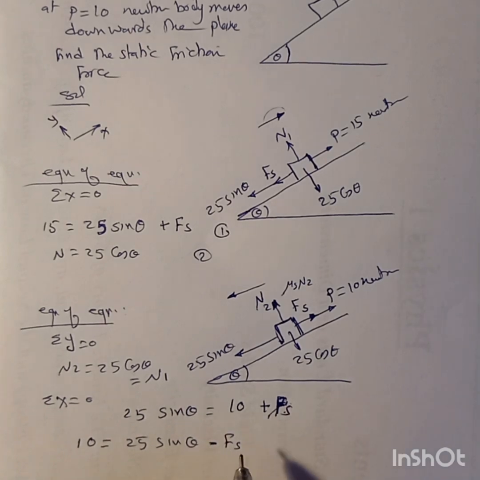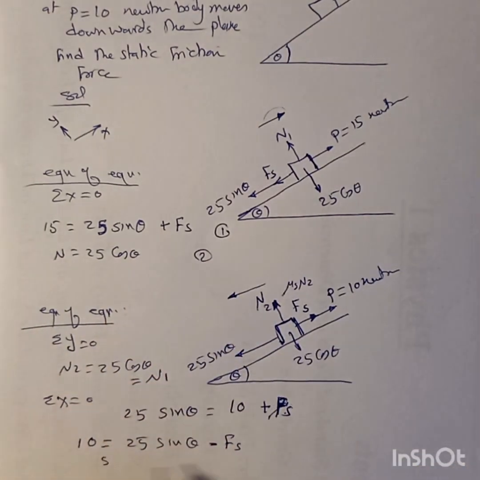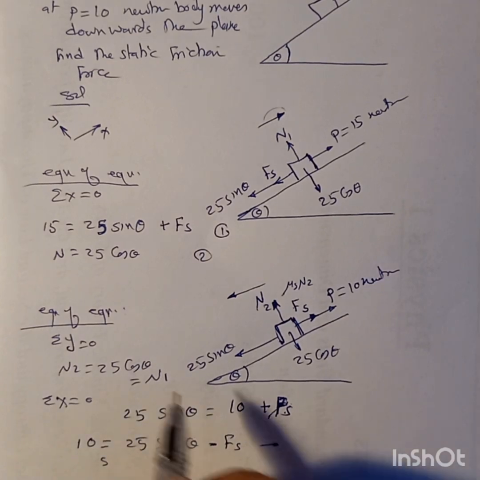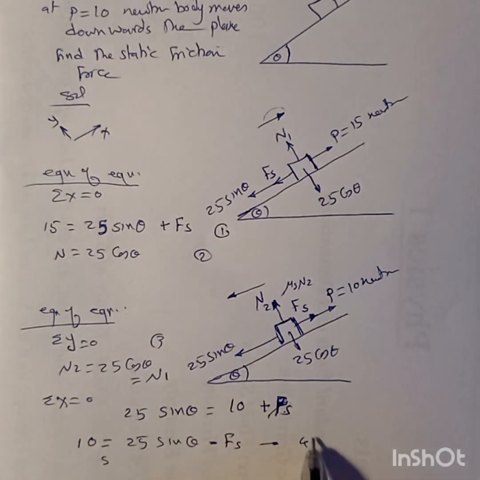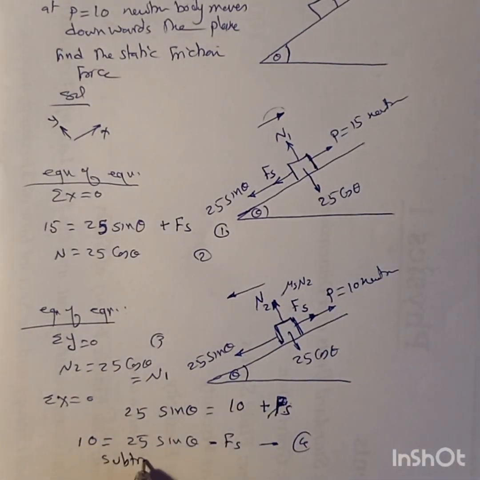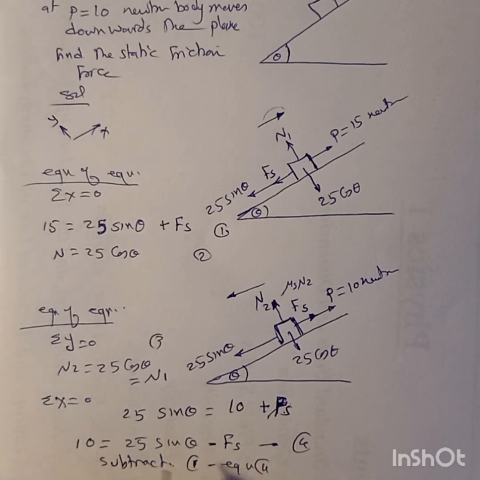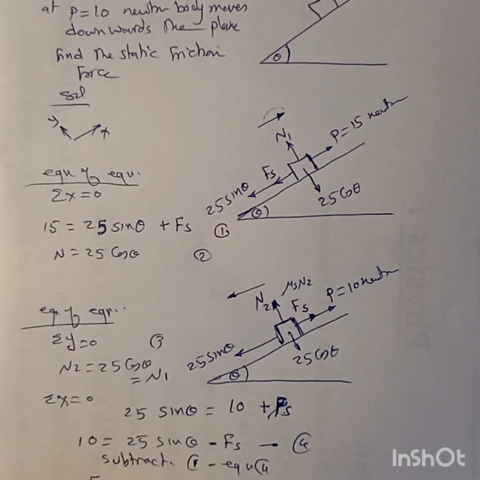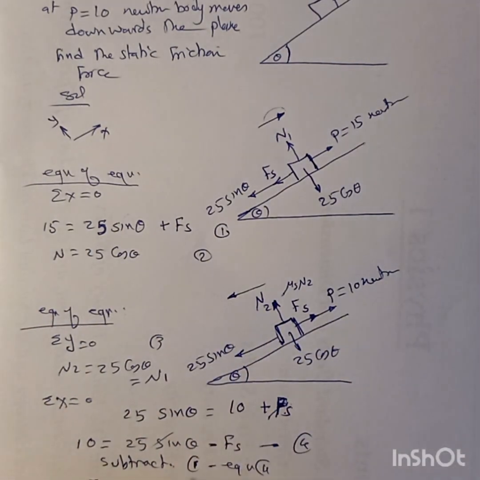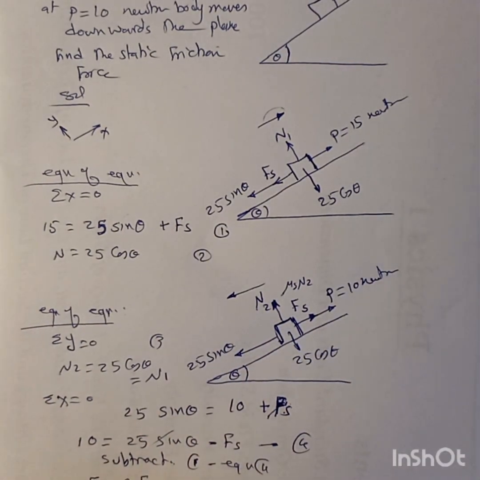Now we can subtract. Let this be equation number 3 and this be 4. We subtract equation number 1 minus equation number 4. Then we have 5 equals, this will cancel with this, 2 Fs.